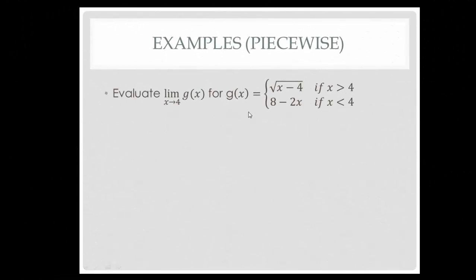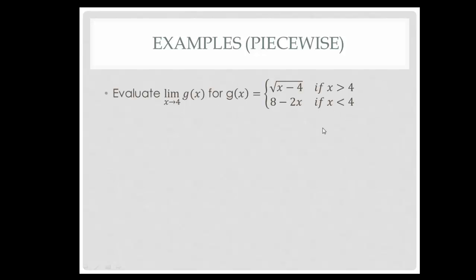Let's take a look at another example. Let's evaluate the limit as x approaches 4 on g of x, for g of x equals the square root of x minus 4 if x is greater than 4, and 8 minus 2x if x is less than 4. Notice for this one, g isn't even defined for x equals 4. But remember, limits aren't about what happens at the number, they're about what happens near the number. So we actually don't need this function to exist at x equals 4.